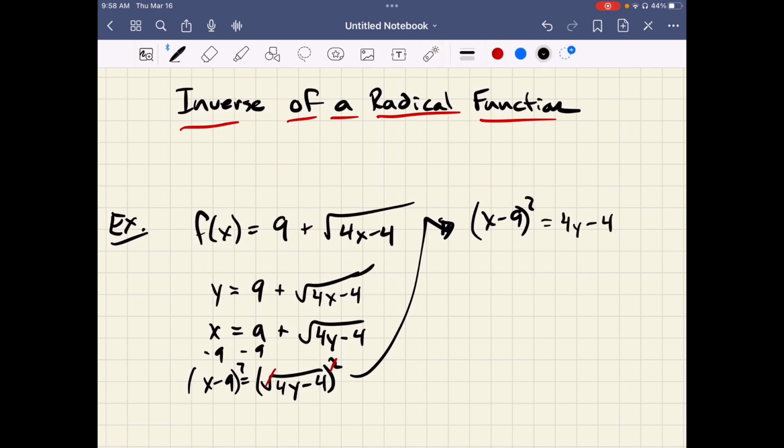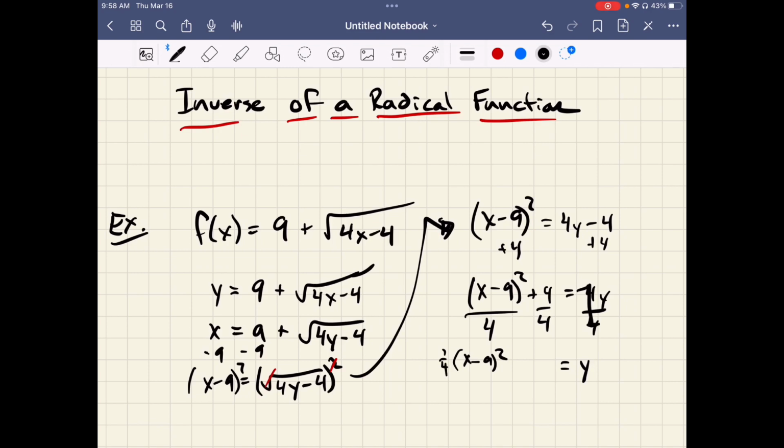And then I'm going to add 4 to both sides. So I have x minus 9 squared plus 4 equals 4y. And then I'll divide everything on that left side by 4. That's a 1. So what I have now is x minus 9 squared. I'm going to put the 1/4 out in front.